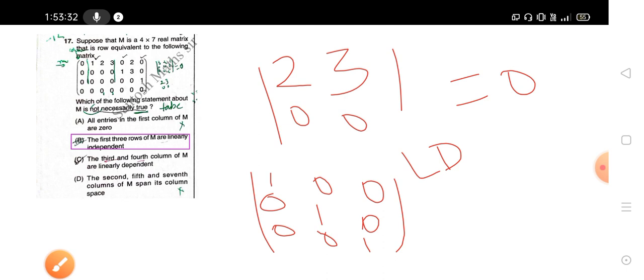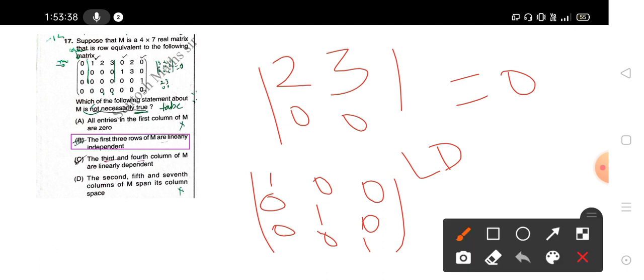Next, in option C, the third and fourth columns of M are linearly dependent. Now check the third and fourth columns. Here it is a rank 1 matrix, therefore they are linearly independent.